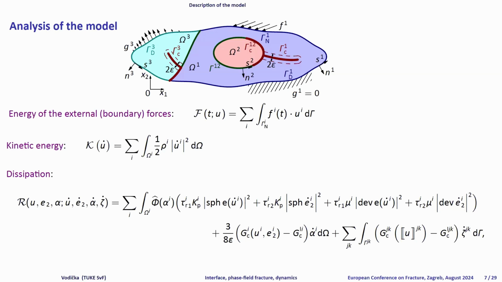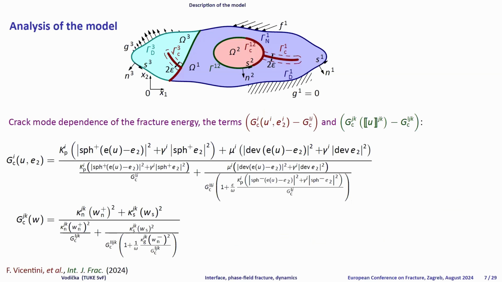Here this influence is denoted by the function GC, which defines some kind of mode mixity and which also makes it possible to introduce the influence of compression. It should be said that the whole process is unidirectional, which is expressed by the unidirectionality conditions, and which make this dissipation potential thermodynamically consistent.